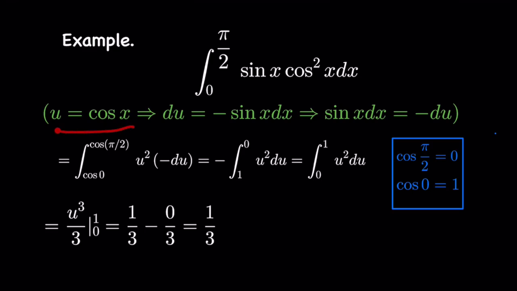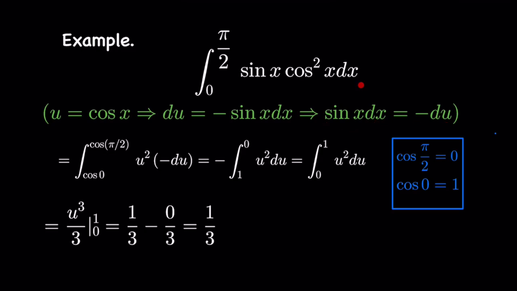So I'm going to take u equals cosine x. du is going to be the derivative of cosine, which is minus sine, multiplied by dx. And since I don't see the minus sign, I have just sine x dx. I solve this for sine x dx. So sine x dx is going to be minus du.